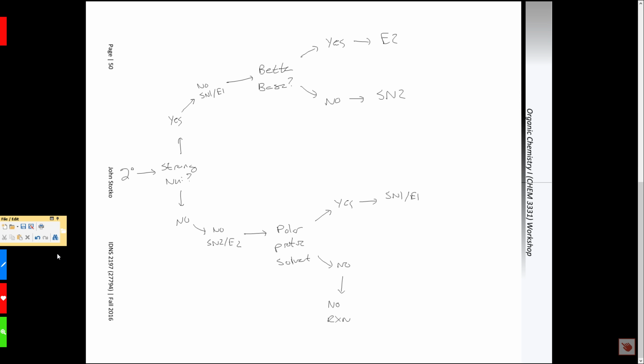Oh, so a quick note. Whenever we form a carbocation, look for rearrangements.